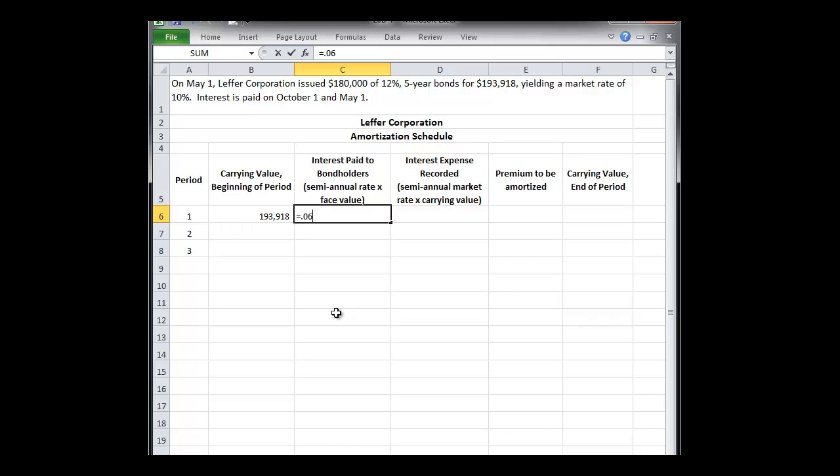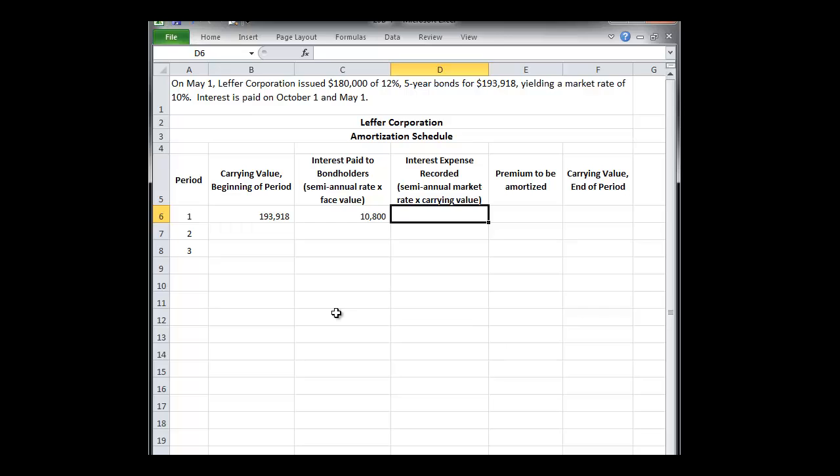So I'm just going to make a little formula here for 6%, and I'm going to multiply it by the face value of the bonds, which is $180,000. Okay, so the interest paid to bondholders is $10,800.